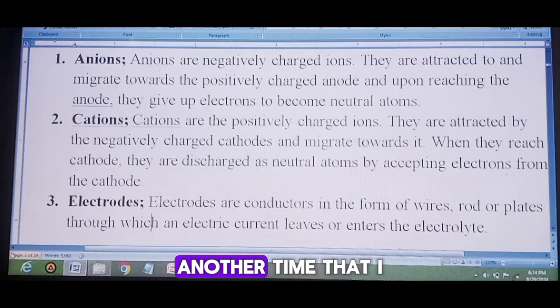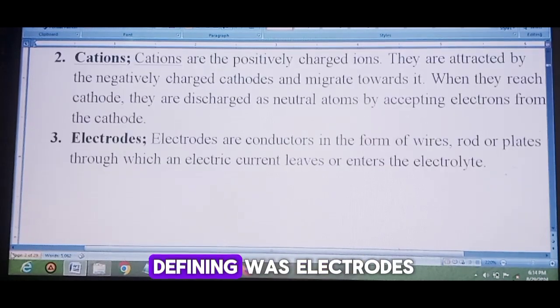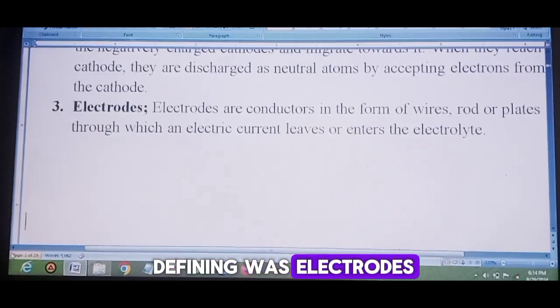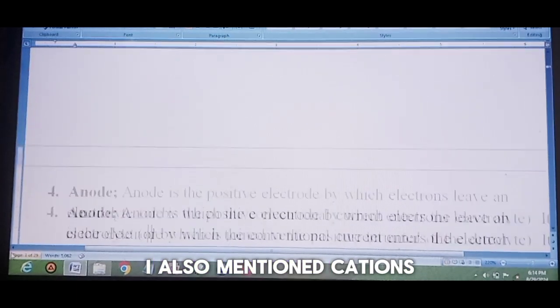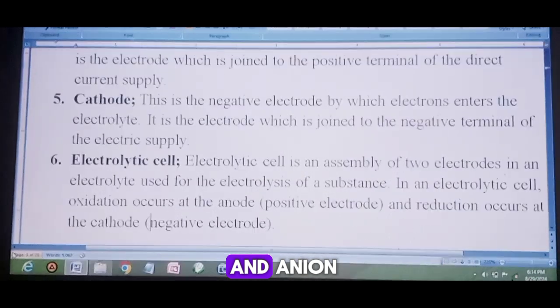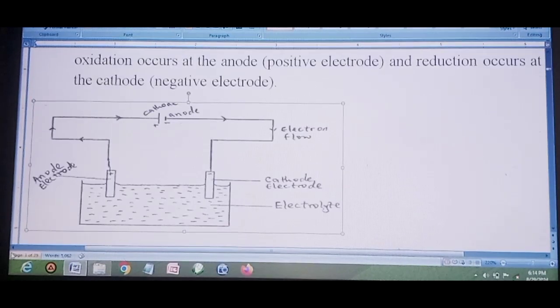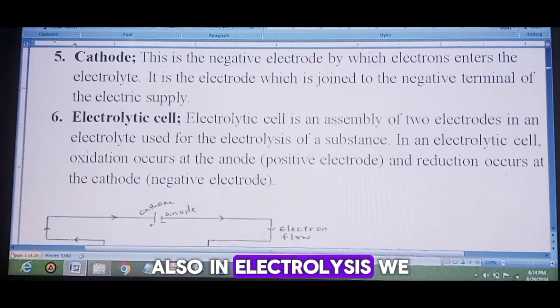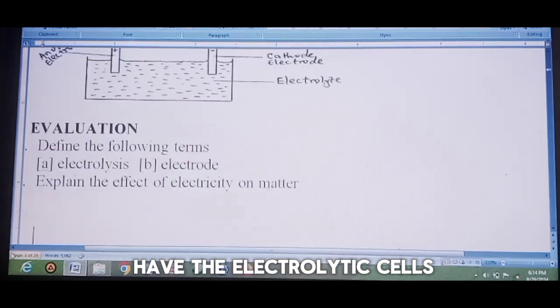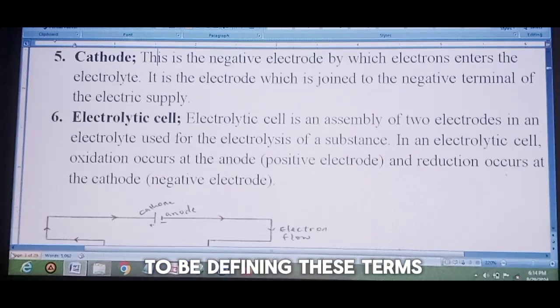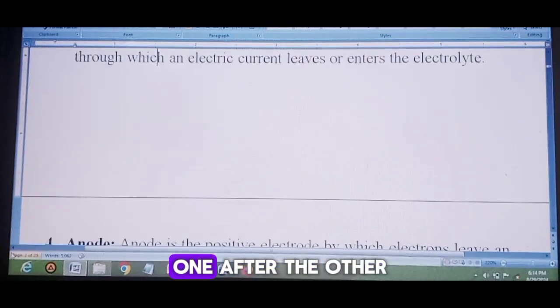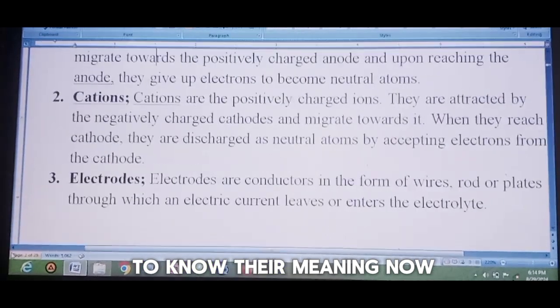Another term that I mentioned was electrodes. I also mentioned cations and anions. Also, in electrolysis, we have the electrolytic cell. So we are going to be defining these terms one after the other to know their meaning.